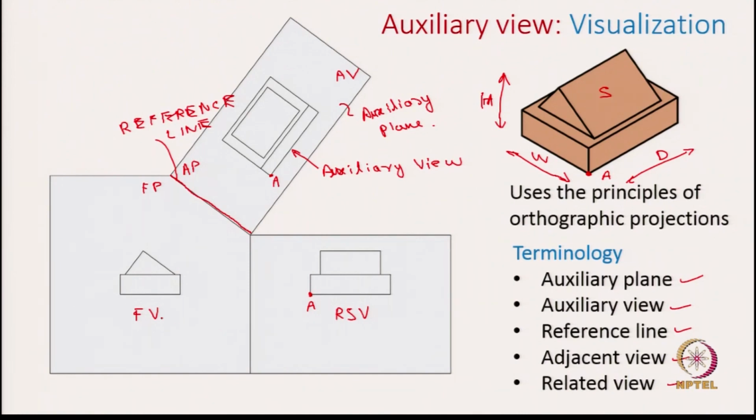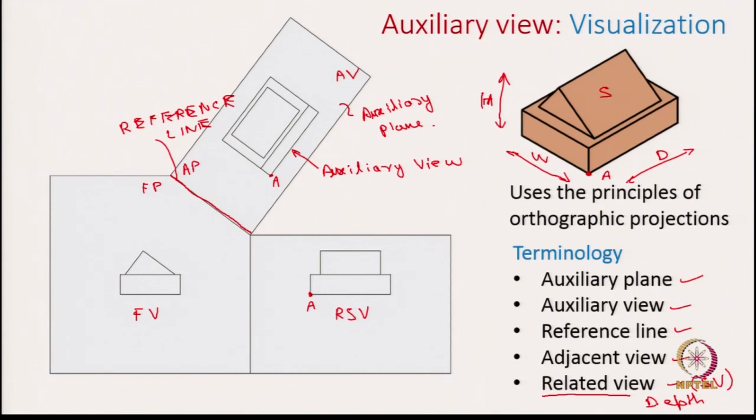For example, what do the front view and the side view capture? They both capture the height. Similarly, what do the auxiliary view and the side view capture? If you notice carefully, the depth is captured in both the auxiliary view as well as the side view. In fact, even the top view captures the depth. So, that is what you get from the related view. In this example, the related view is your side view from which you capture the depth.